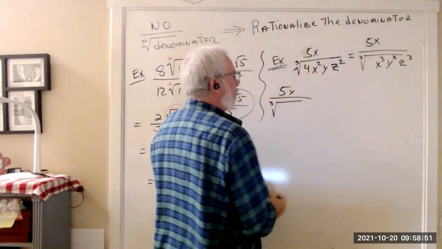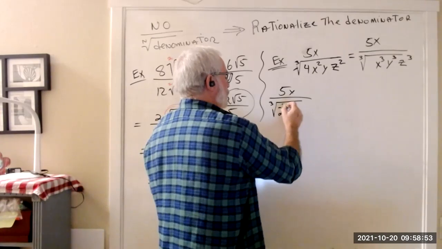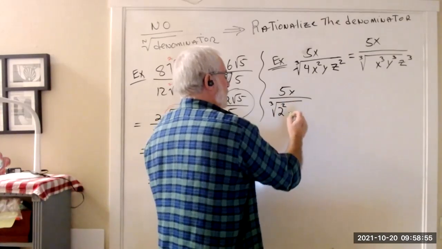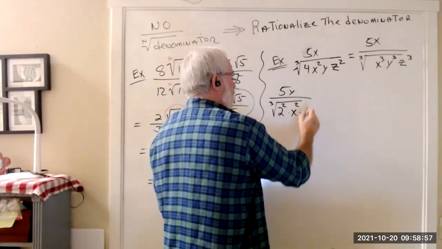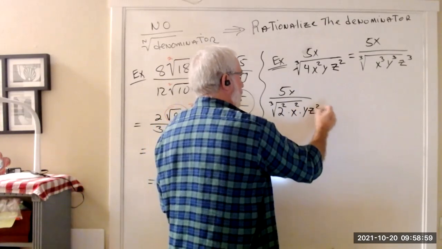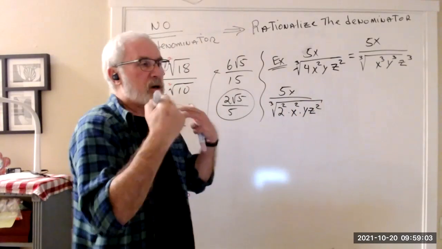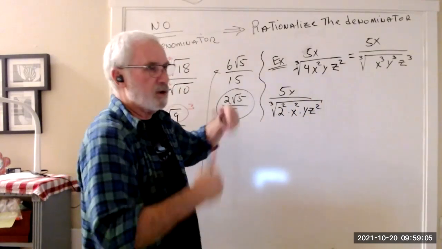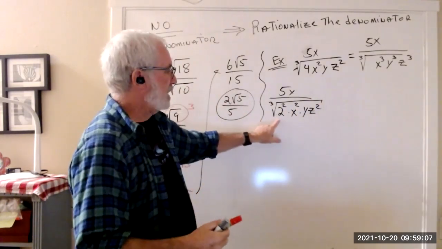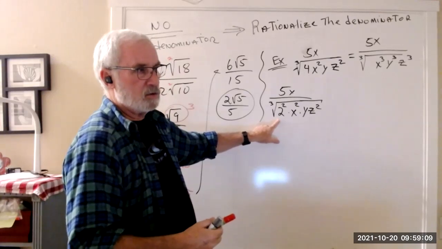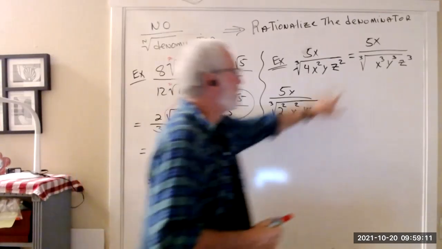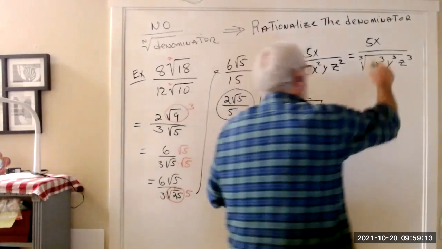Instead of 4, I see 2 squared times x squared times y times z squared. Okay, I want to look at everything in terms of factoring, breaking it down. So then we said, okay, I want to make everybody cubes.